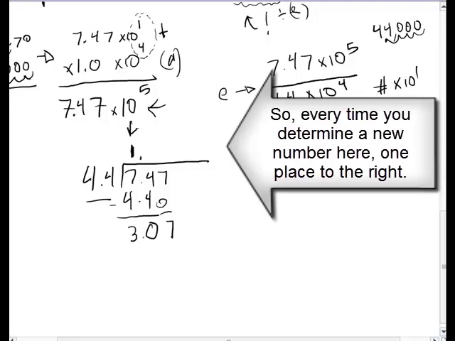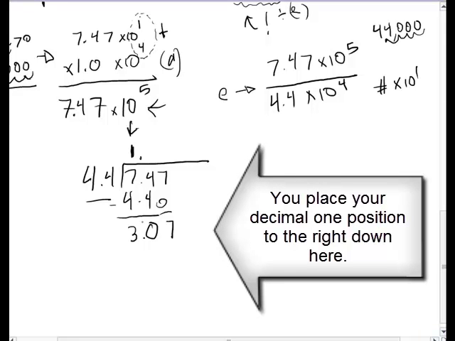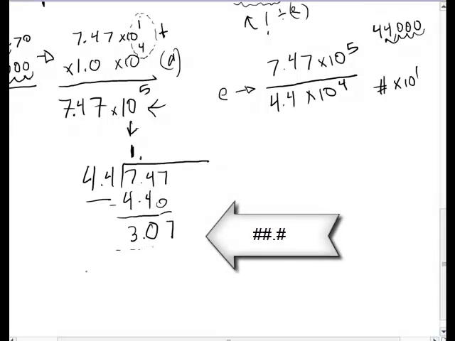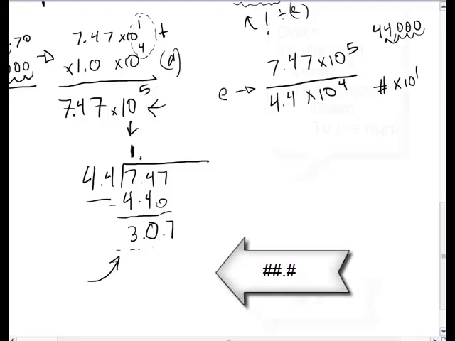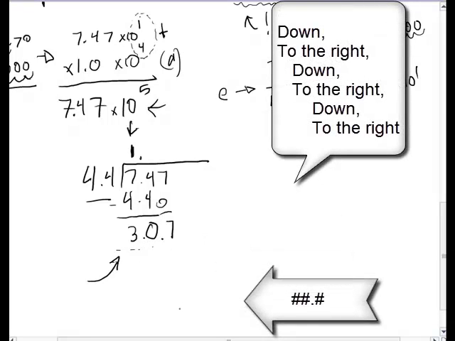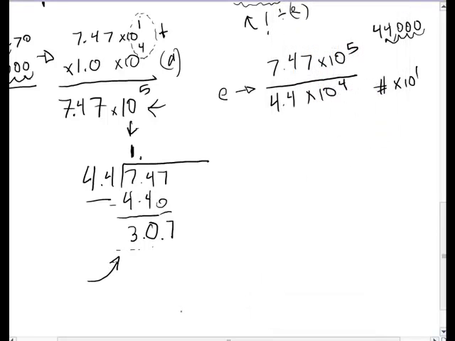The decimal is still here, but the decimal is only a placeholder here. So we want to know, this is our value that we need to figure out. How many times does 4.4 go into this value? How do I explain this as 30.7? I'm not sure how to tell you that. But that's what I want to know.